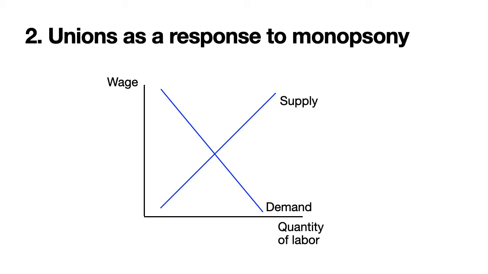So we could look at that as the marginal revenue product if we wanted to be very technical. And then we have the supply of labor, the people who are willing to work for us. And you can see in order to hire more workers, we would need to pay higher wages. And this is something that we can take advantage of if we are the monopoly buyer or the monopsonist.